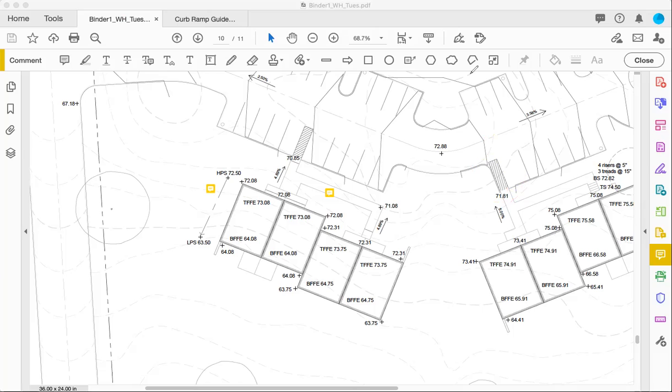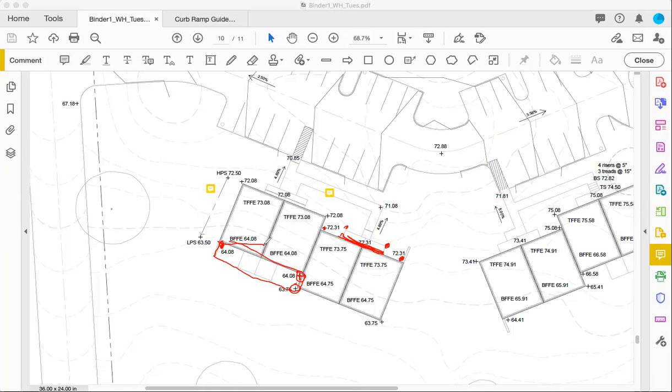Not necessarily. It meant the ground elevation here needs to be lower than the FFE, so the ground is not draining into your unit. So these are actually determined. For instance, that corner, if your backyard is actually this big, then that would be the same as your BFFE.